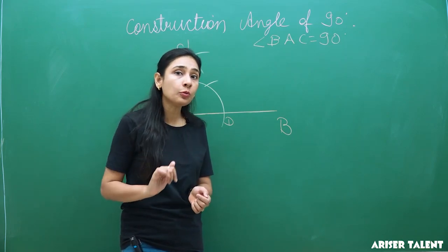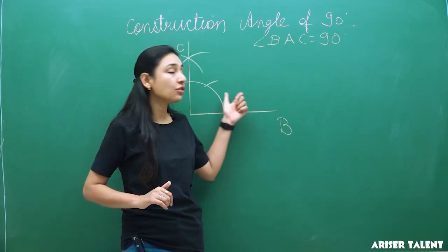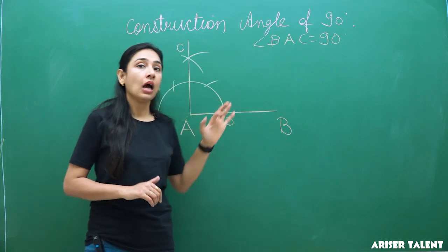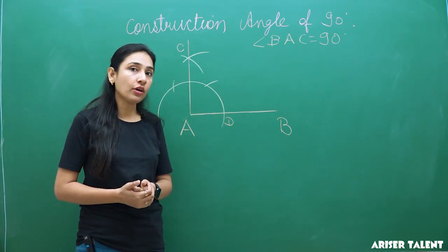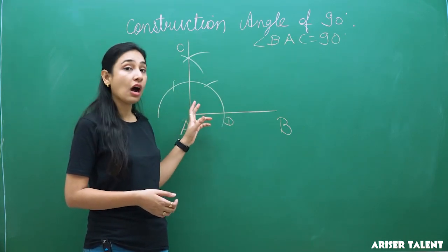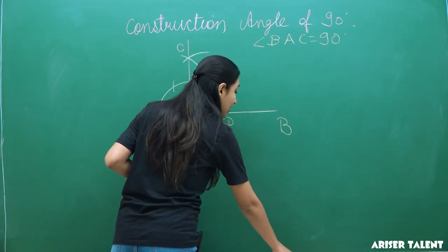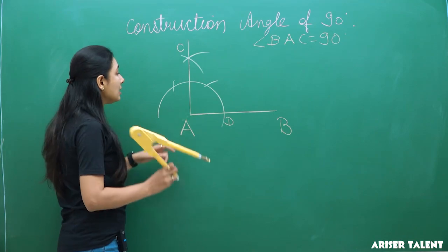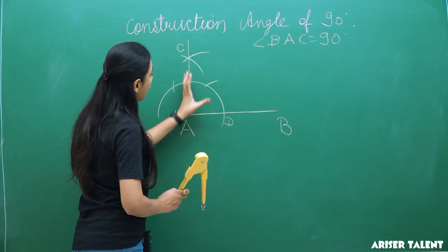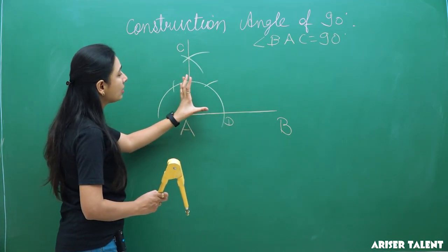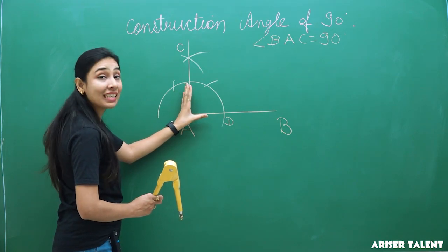Now, do you know how to make 90 degree angle? Yes, we do. Okay, then how will you make angle 45 degree? Because it's just half of 90 degree, so we are going to take it half. Okay, so with the same radius, I'm just going to make half, just like I will be bisecting this angle.